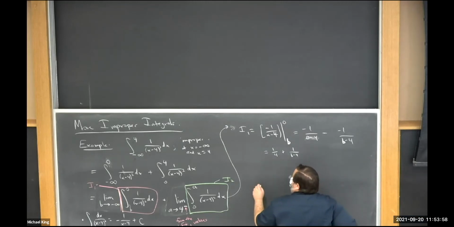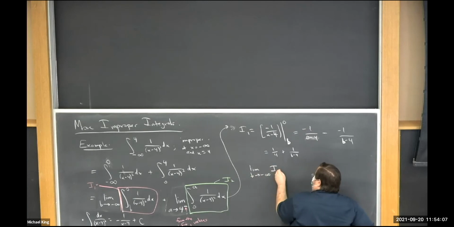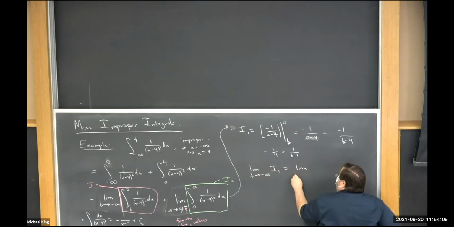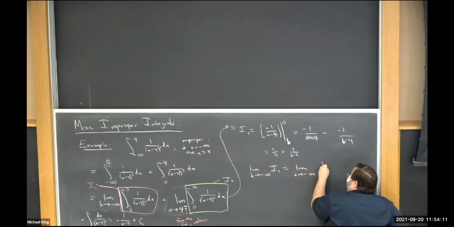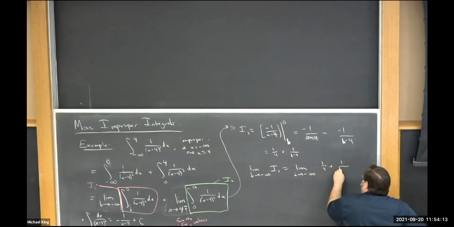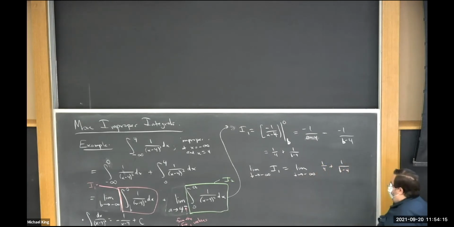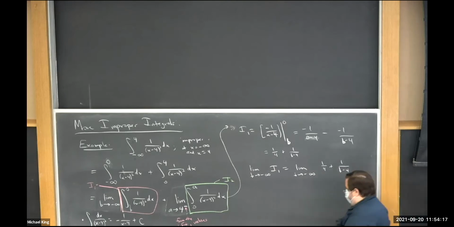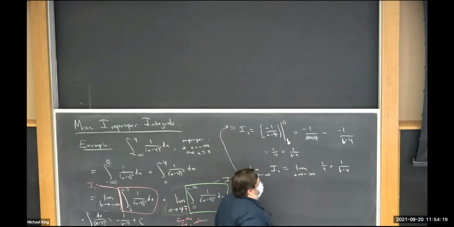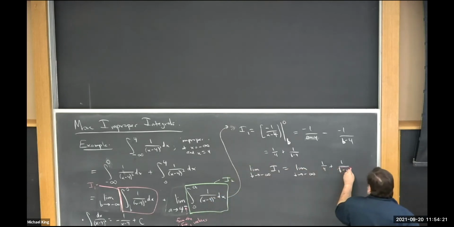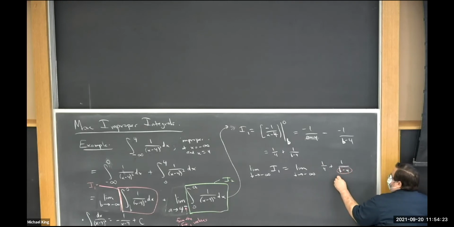And then if we take the limit as b goes to negative infinity of I1, that's the limit as b goes to negative infinity of 1/4 plus 1 over b minus 4. What happens to the bottom here? As b goes to negative infinity, this is a big negative.